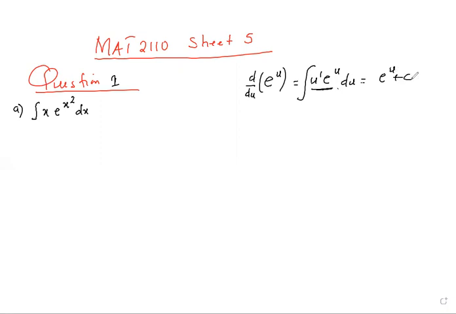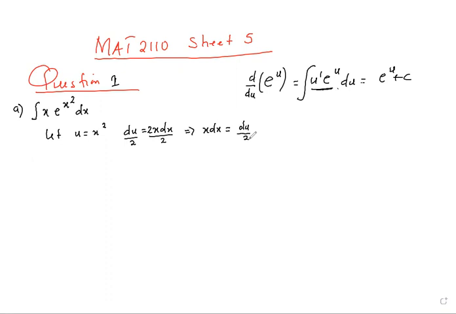So here, if we let u be x squared, then du is going to be 2x dx. If you divide by 2, then we'll have x dx is equal to du over 2.